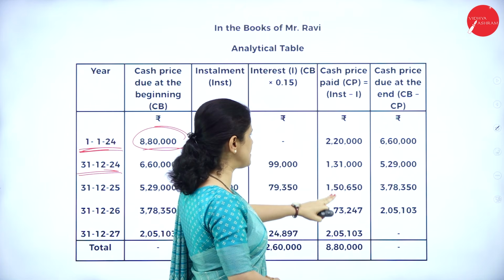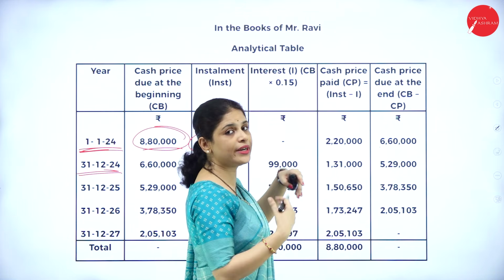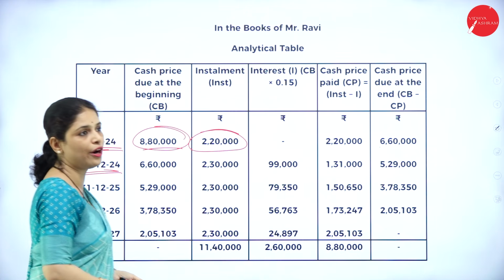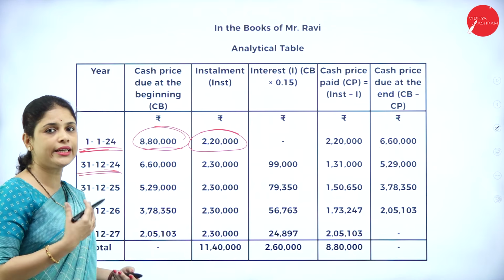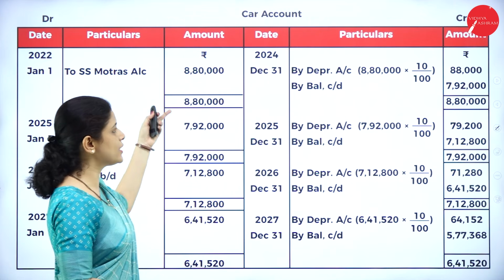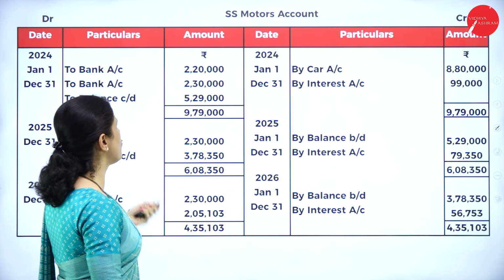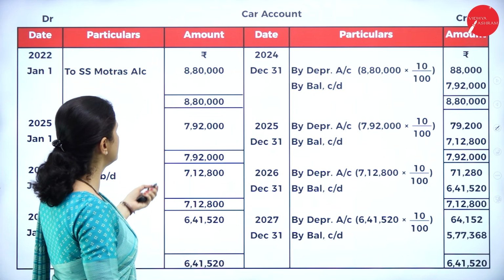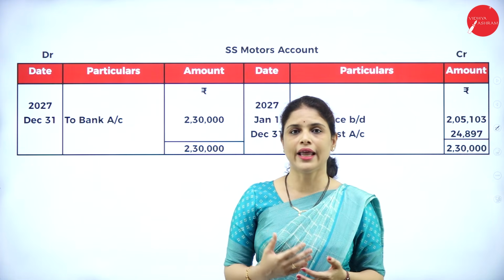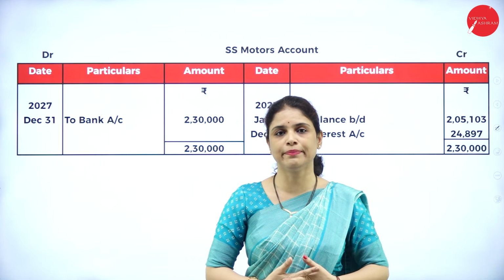After that, you will get the cash price paid when you deduct the interest from the installment. This table you have to write. We already did it in detail in our sessions. So next, after this, we have to do the car account and SS Motors account. This is the continuation. So like this, we have to solve the problem on hire purchase system.